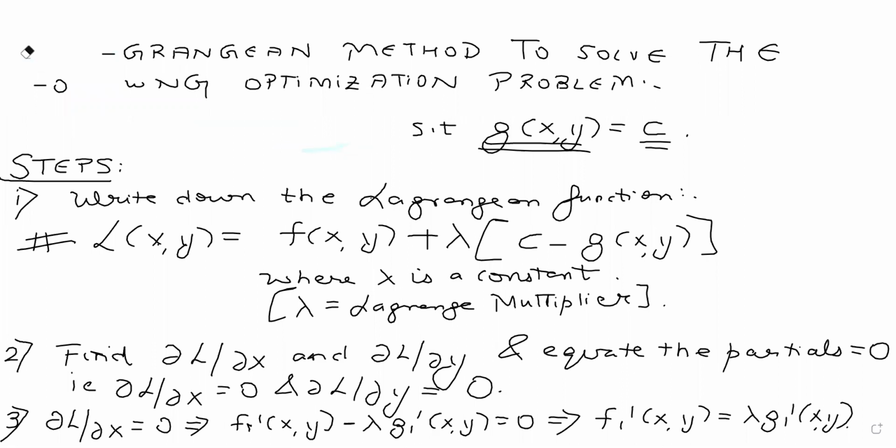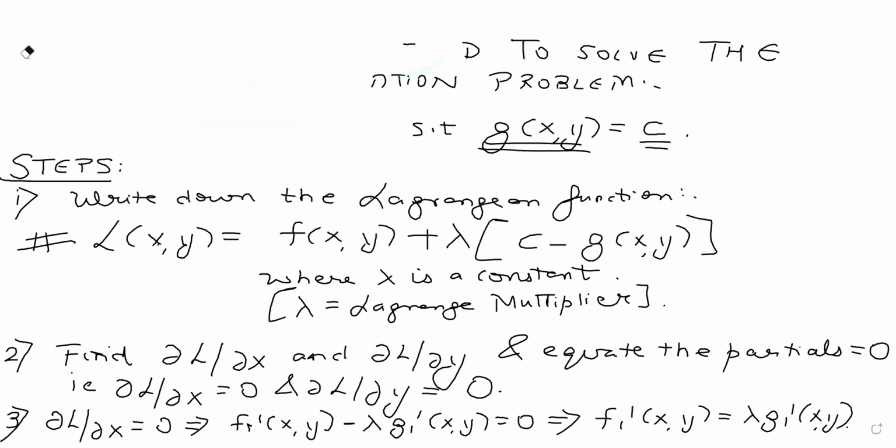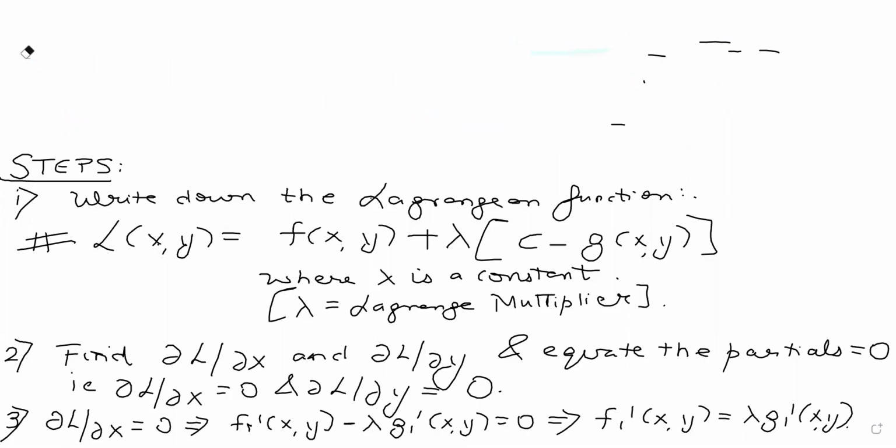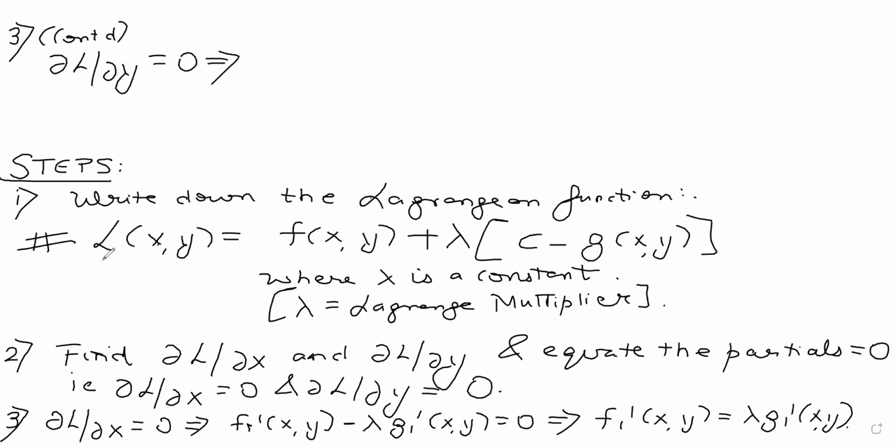Similarly, we partially differentiate the Lagrange with respect to y and equate it to 0. So step 3 continues. We find del L by del Y, and put it equal to 0. How do I find del L by del Y?